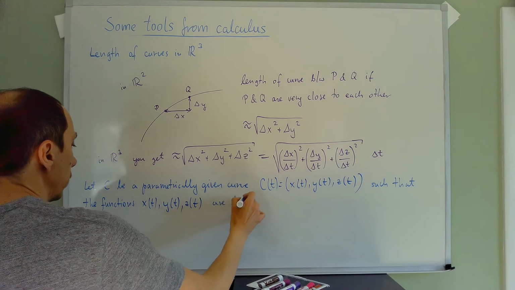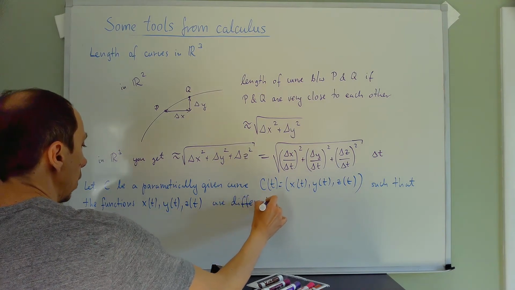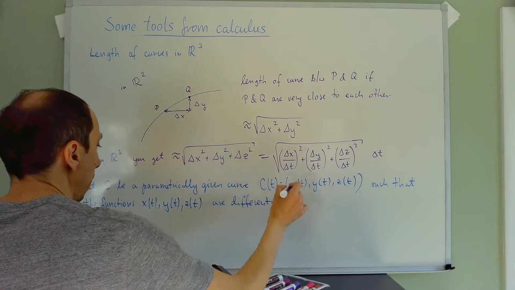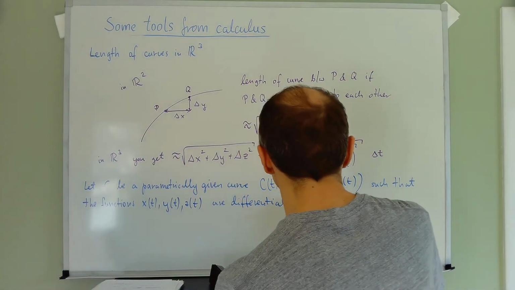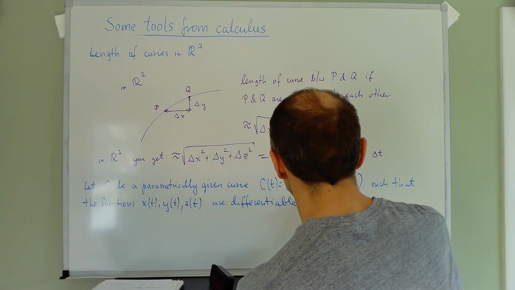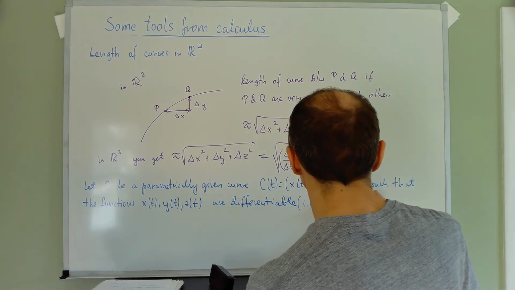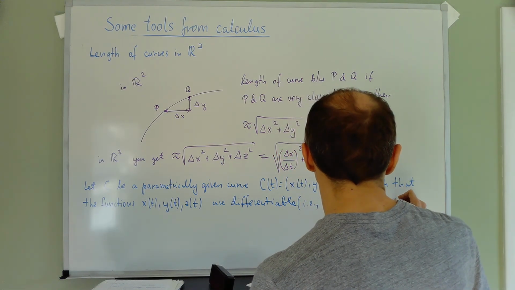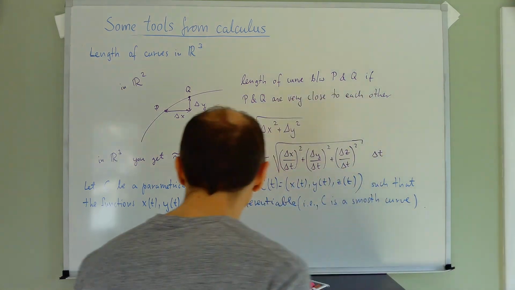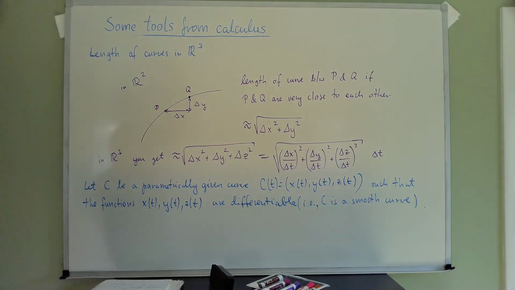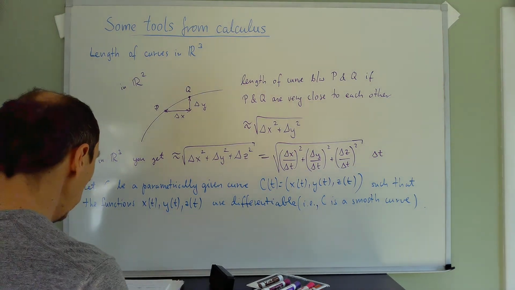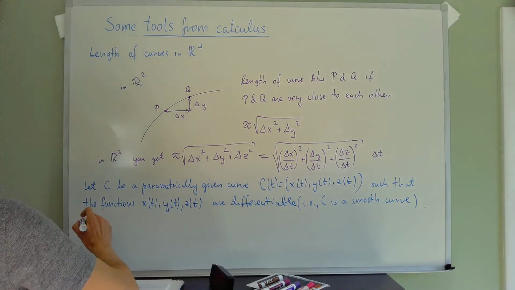So they have derivatives. Such curves are called smooth curves, i.e. C is a smooth curve. Note that this doesn't actually even require any multivariable calculus, because x of t is just a function of one variable, t. So is y and so is z.